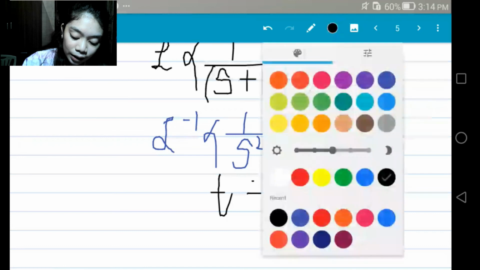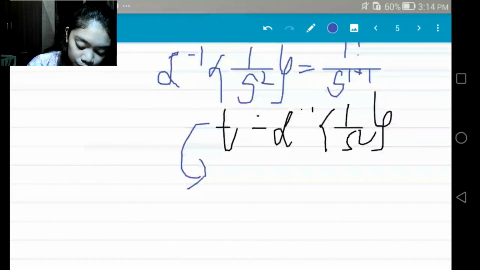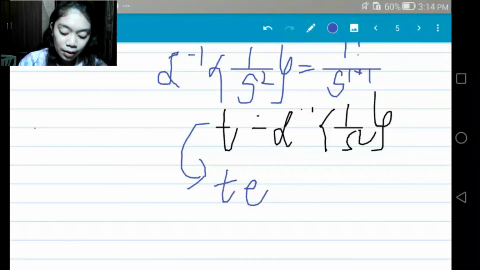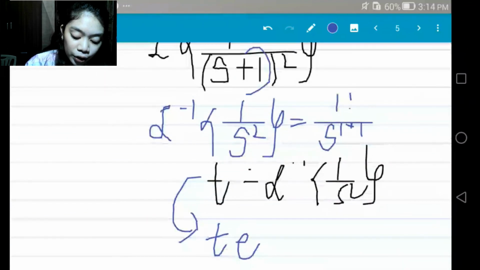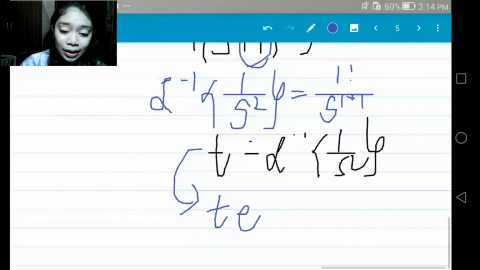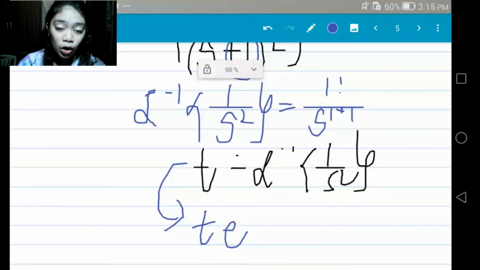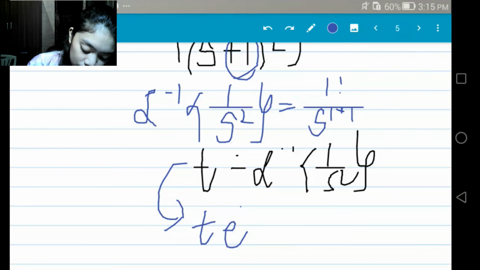So to get that, we just need to copy the t. And beside t, we will write e. And then, beside that, we will just negate the number that we added to s. So we will negate positive 1. The negation of positive 1 is negative 1. So that negation will be the exponent of e. And beside that, there's always a t.